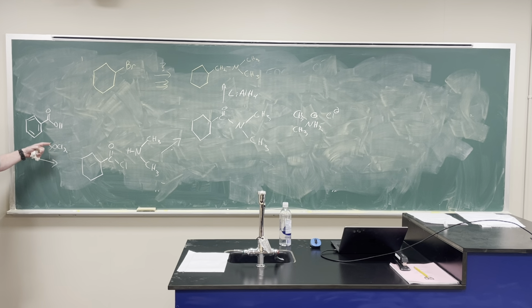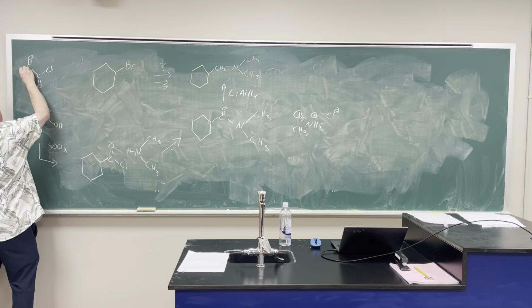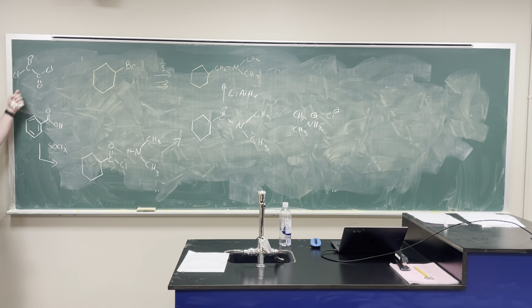We have this thing which is a tremendous electrophile. And we end up making the acid chlorides. That's how we make acid chlorides from carboxylic acids. That's one way. Another way is to use this compound. This is called oxalyl chloride. We could also use that to make a carboxylic acid chloride. Okay?